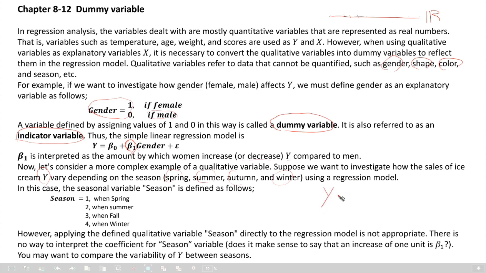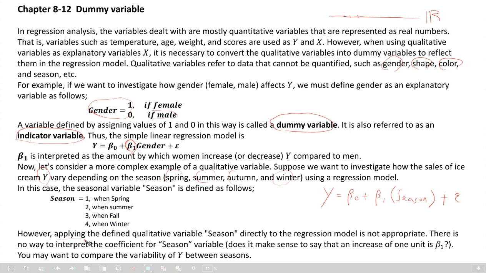In other words, y equal to beta 0 plus beta 1 season, plus epsilon. A little more complicated than gender. In this case, the seasonal variable season is defined as follows. Season takes 1 when spring, 2 when summer, 3 when fall, autumn, 4 when winter.